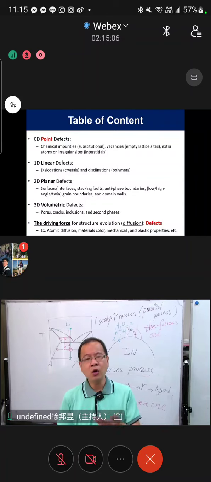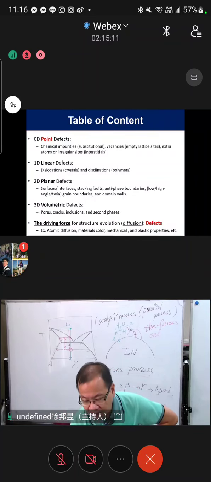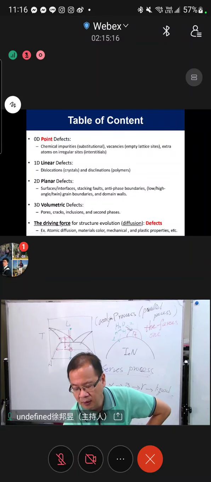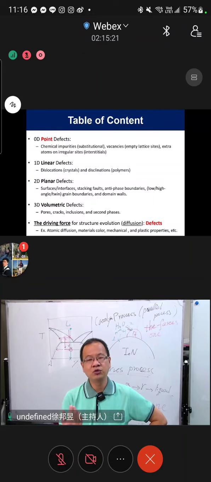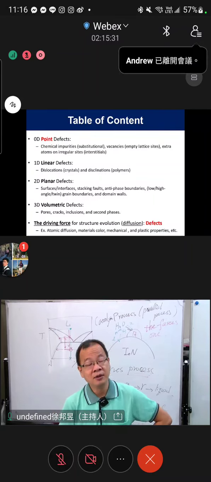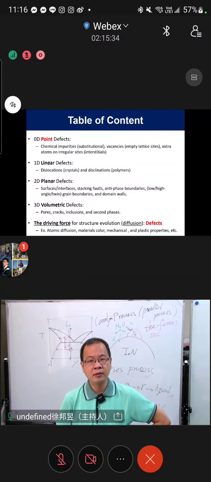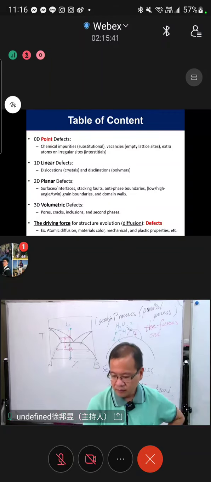And of course, the whole diffusion is driven by the fluxes. If you want to calculate the flux of the kinetic diffusion behavior, then you need to take care of the driving force as well. So you are not only required to learn kinetics, you are also asked to calculate thermodynamic variables. You need to learn both, because the combination of thermodynamics and kinetics is the whole picture that can define the diffusion.